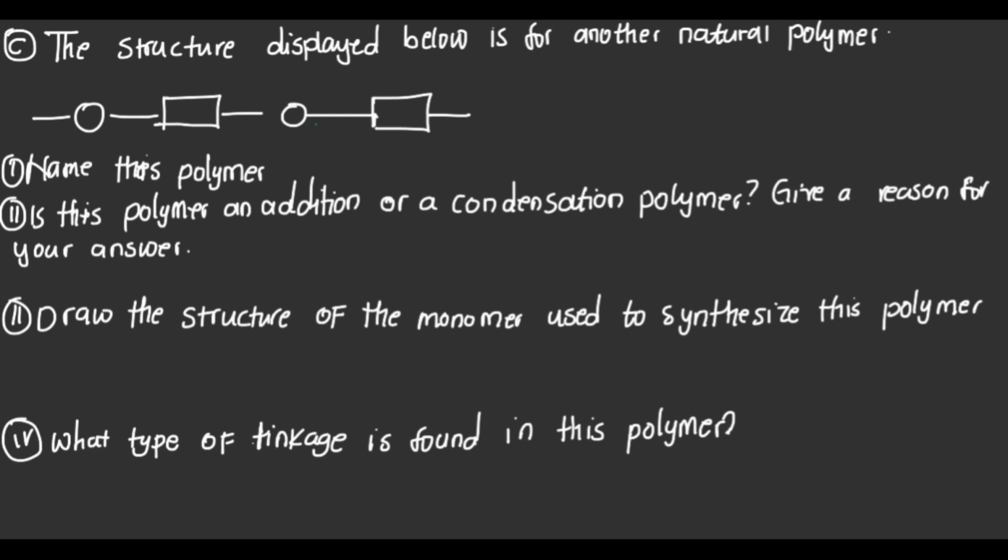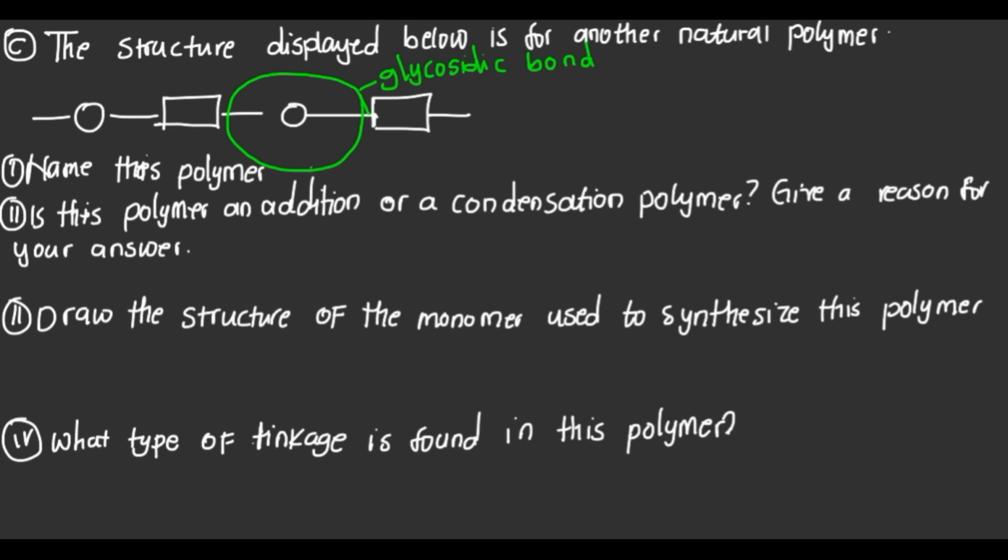For us to see the linkage, we need to look at anything in between the two boxes. This is giving us the linkage, and whenever you have this linkage, this is what we call a glycosidic bond. Now what type of polymers have this kind of linkage?